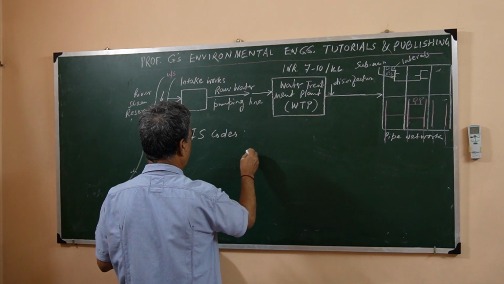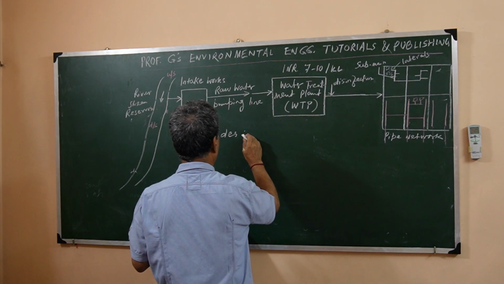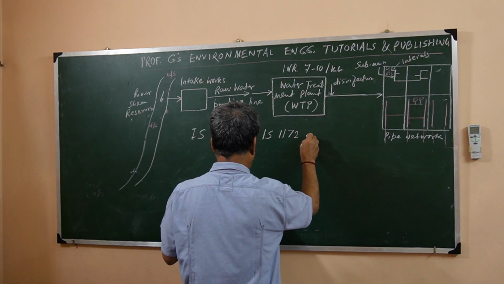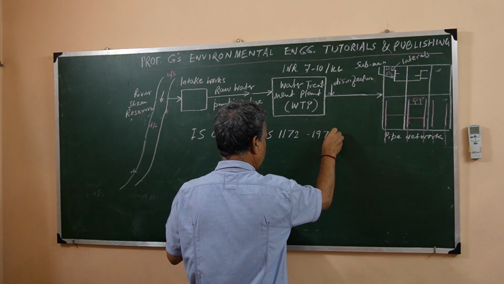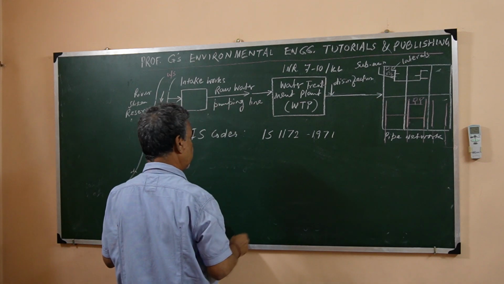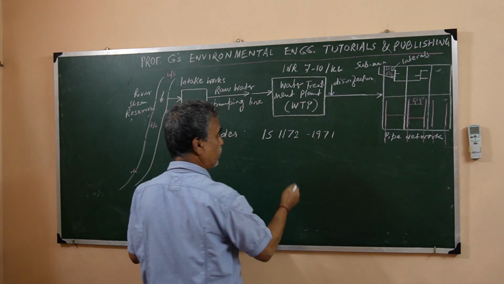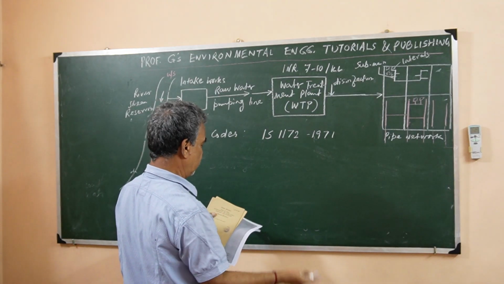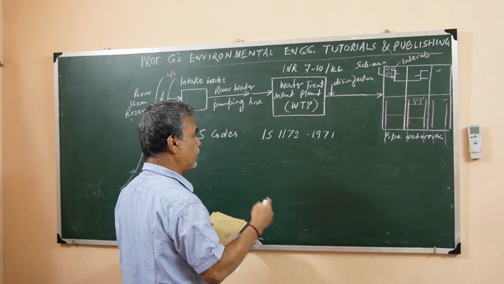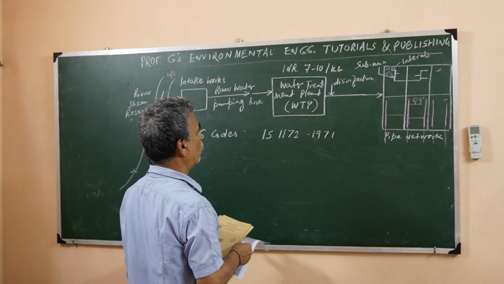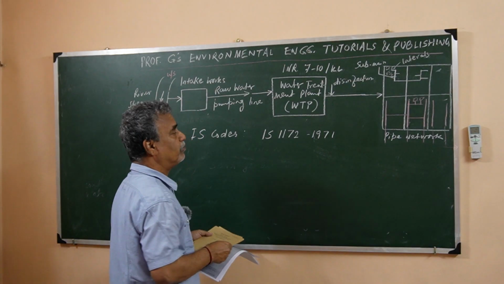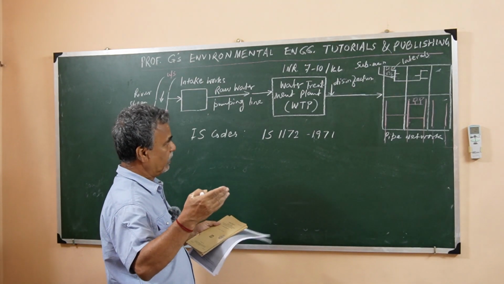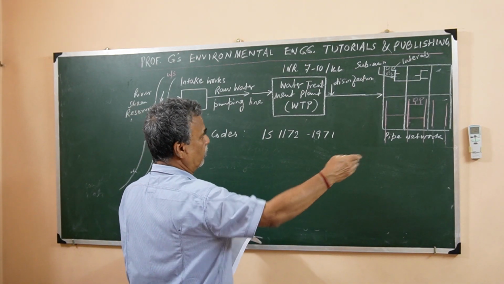So this is the IS code, IS 1172. Here, what I have got in my hand right now is from 1971. This has been updated in subsequent years. All the IS codes and manuals get updated periodically.